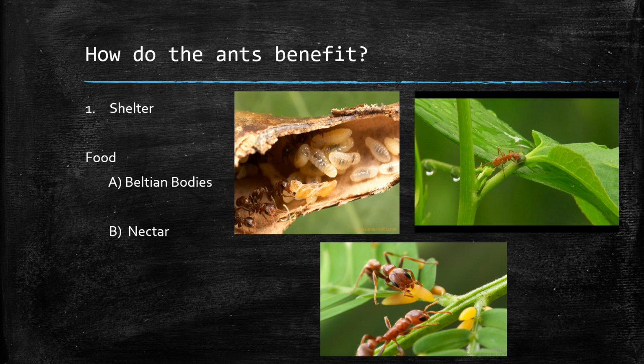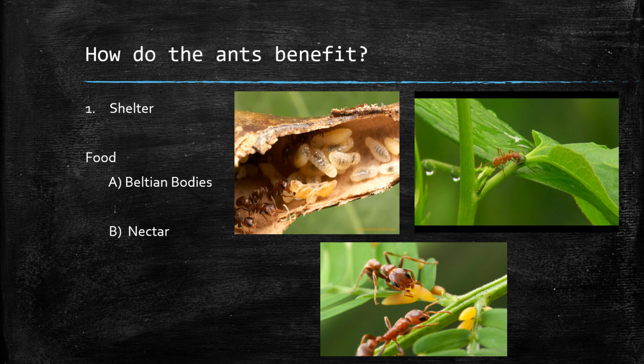They are a great source of nutrients as they are rich in protein and lipids. Also, they don't have any necessary benefit for the acacia tree. They're only there to help benefit the ants.